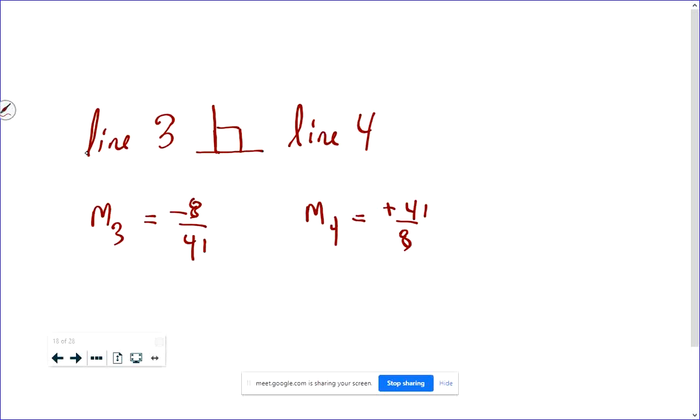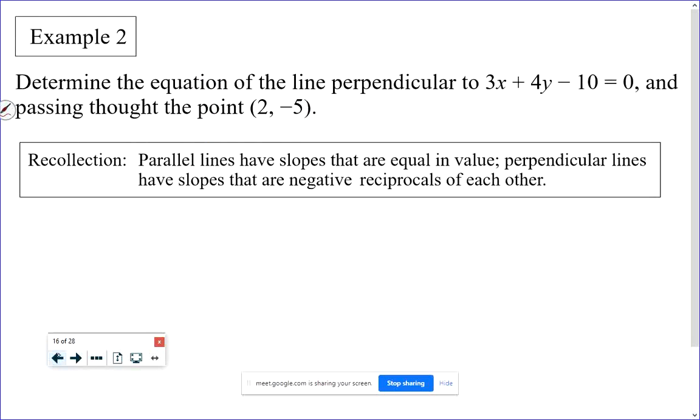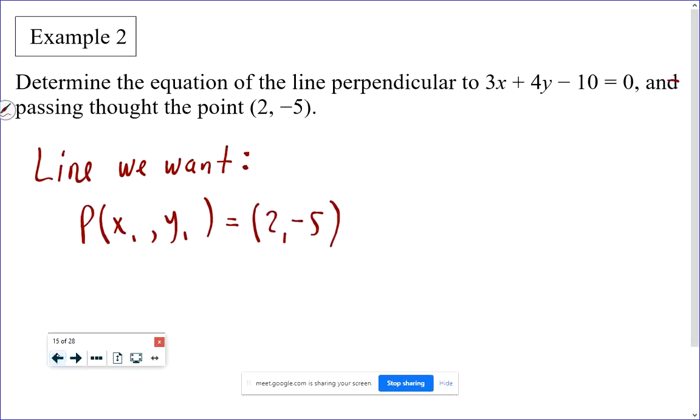What does that mean? It means that whatever the slope of this line is will lead us to what the slope of this line is. It's a little confusing. So how do we find the slope of this line? We rearrange it. It's negative 3/4, just by fluke. I did not intend that.